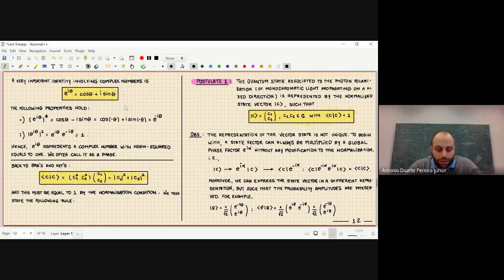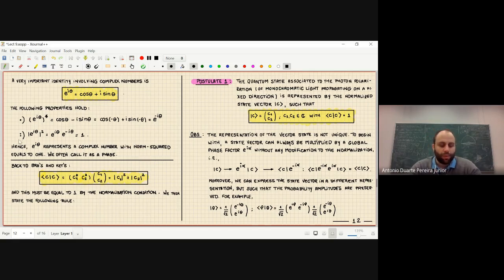And then I look at this form and recognize that, if I use this identity here, this could be represented by e to the minus i theta. Now, if I take the argument of the exponential as being minus i theta and use this identity, I recover this number. So in summary, the complex conjugate of e to the i theta is e to the minus i theta, okay?